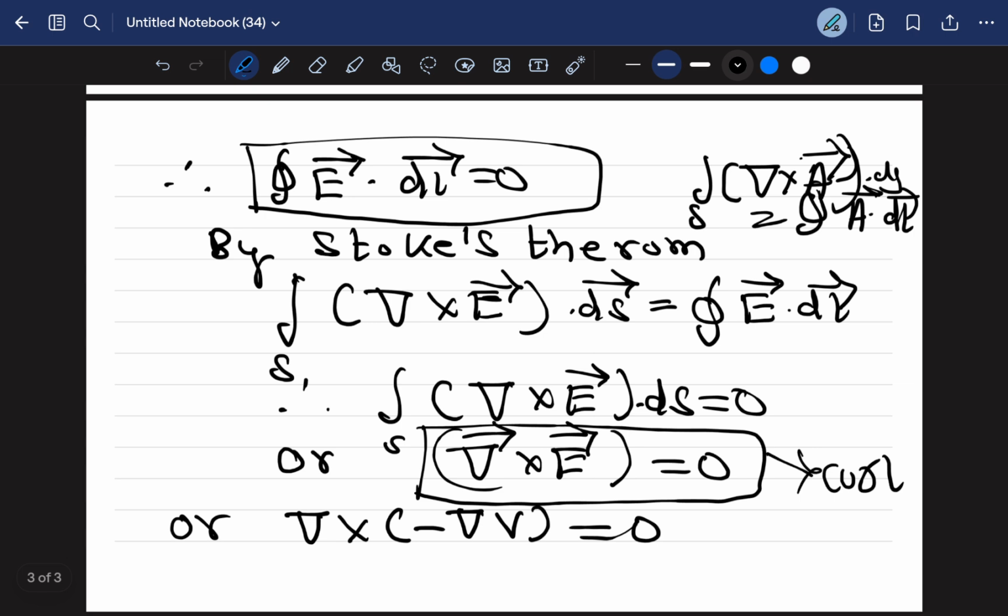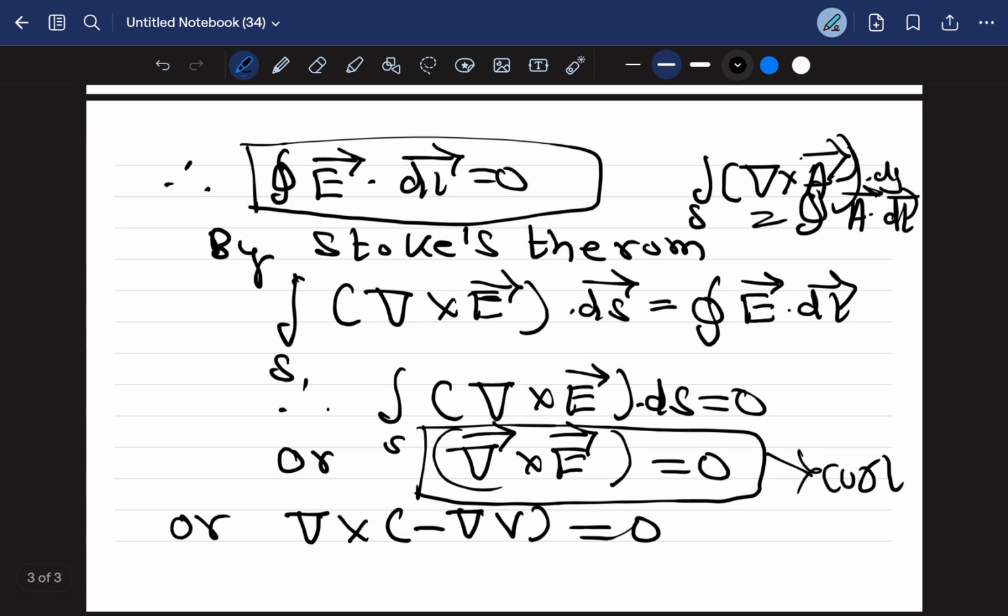Irrotational field means that the work done by that field in a closed path is equal to 0. So the curl of the electric field is equal to 0, which means this electric field is an irrotational field. So the work done by the electric field, or against the electric field, in a closed path is equal to 0.